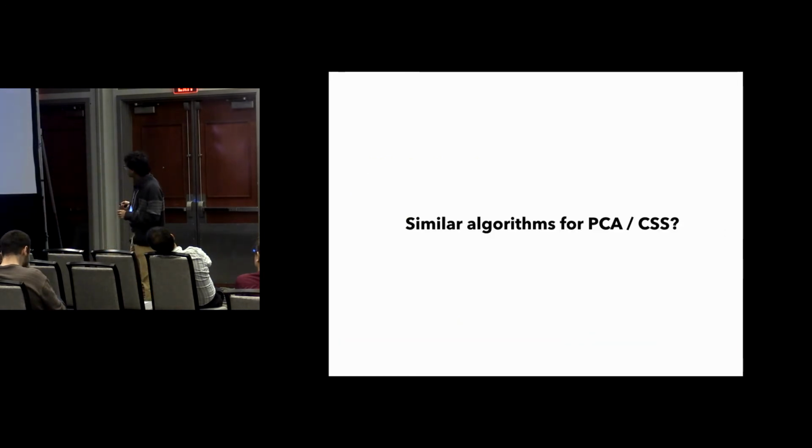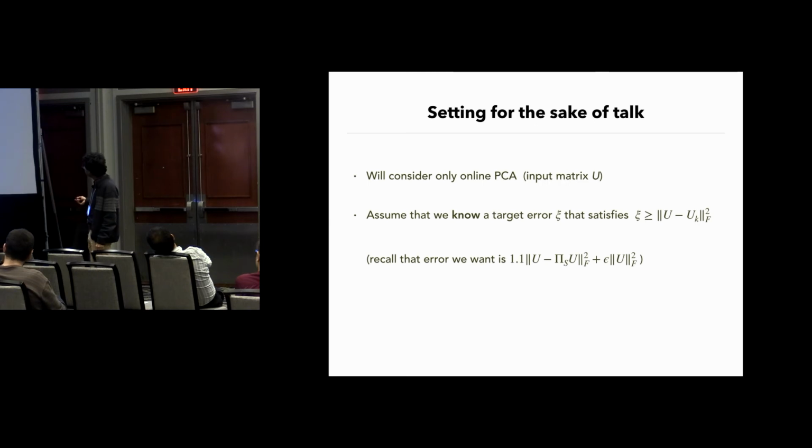One of the questions we asked is, are there similar clean algorithms for PCA and CSS type problems? Let me define the setting for the sake of the talk. There are a couple of assumptions we'll make. Firstly, we'll consider only PCA, and we'll always call the input matrix U, and the columns of this will be called u_i.